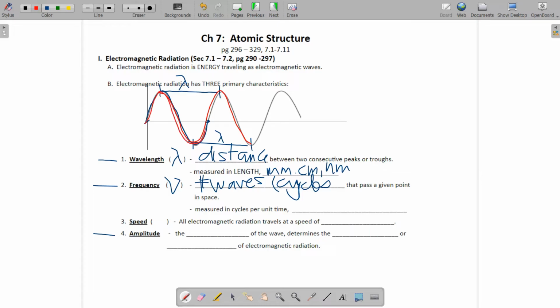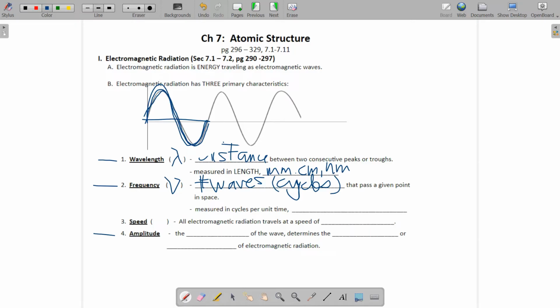So a cycle is to include an entire wave from the top part to the peak to the trough. That is going to be one cycle, okay?